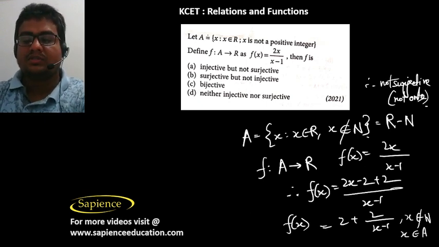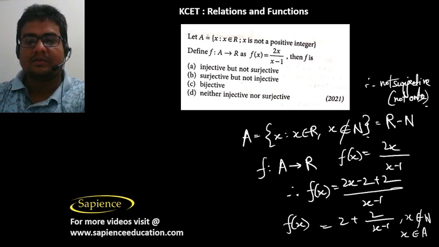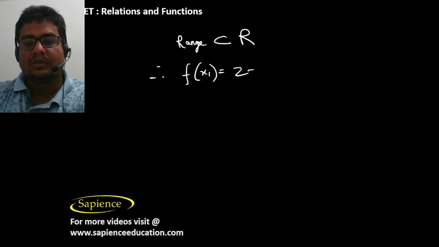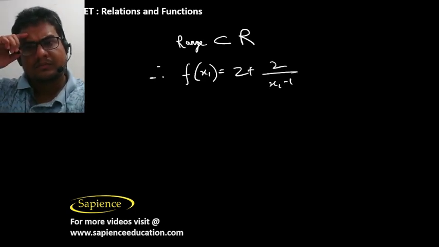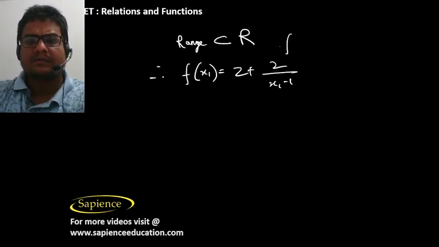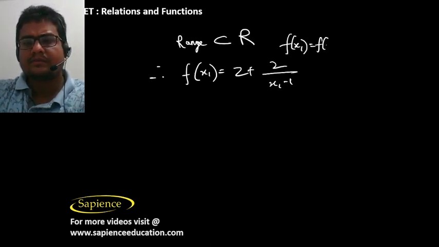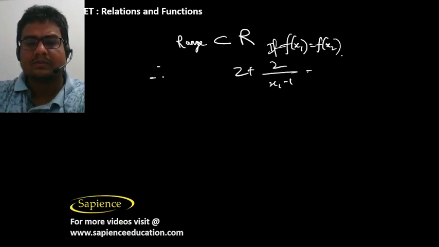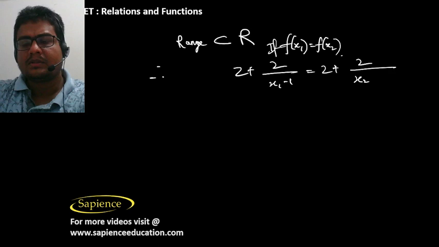Then why it is injective, that we have to find. It means it is 1-1. So f of x1 will be equal to 2 plus 2 by x1 minus 1. Suppose f of x1 equals f of x2, then this will be equal to 2 plus 2 by x2 minus 1.